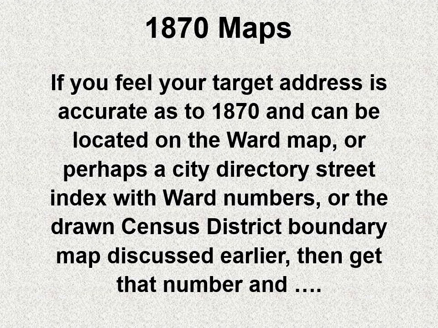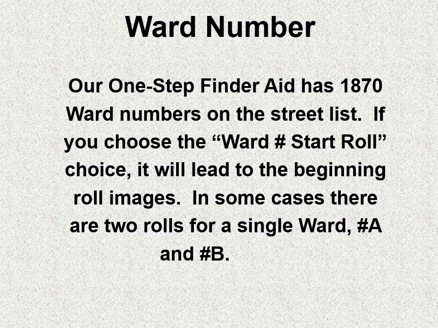If you feel your target address is accurate as to 1870 and can be located on that ward map, or perhaps a city directory street index with ward numbers, or the drawn census district boundary map discussed earlier, then get that number. And for wards, the one-step finder aid has 1870 ward numbers on the street list.